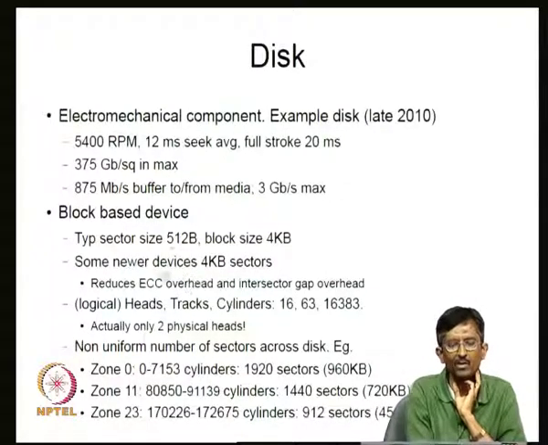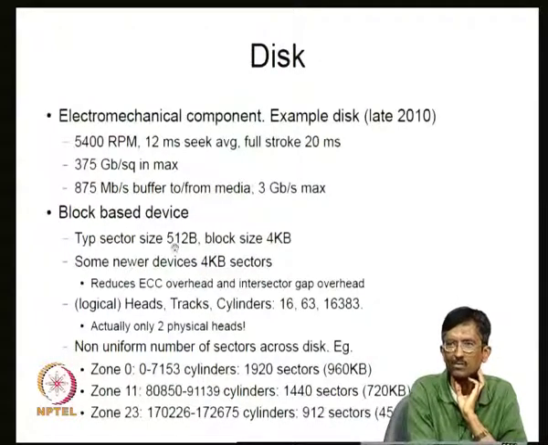To give an example, if you take 512 byte sector size, you need about 40 bytes of ECC, Reed-Solomon code. That's 40 by 512, approximately 12%. You lose 12% just in the ECC overhead.